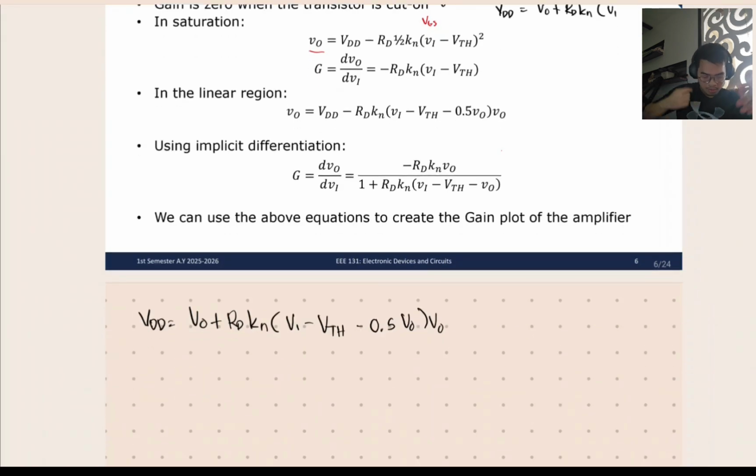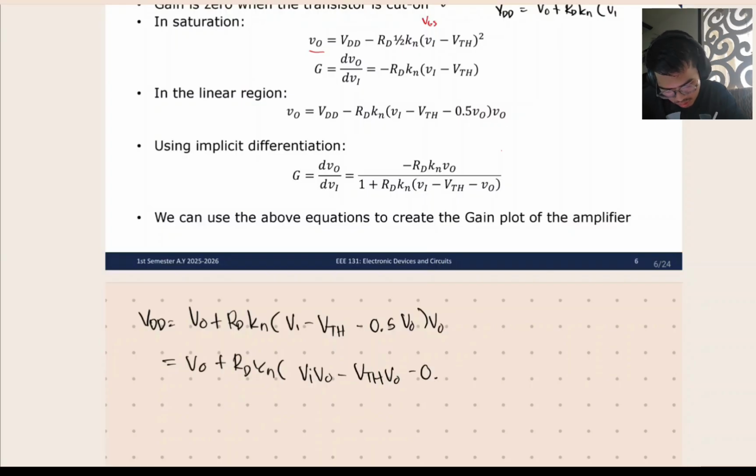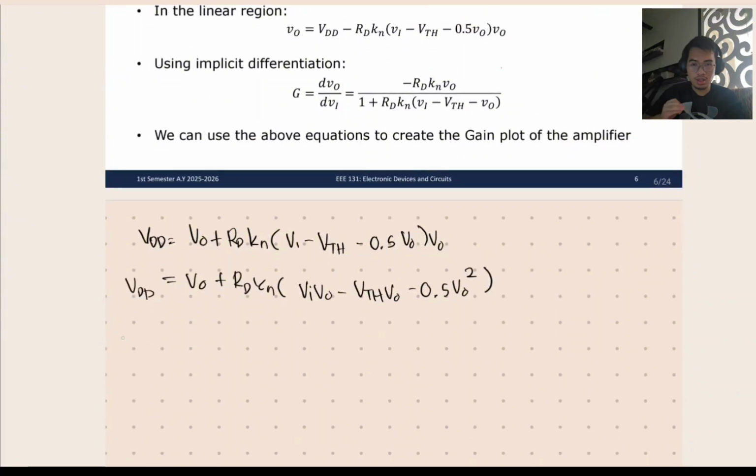In this case, let's just distribute the VO to make it easier. So VO plus RD KN times VI VO minus VTH VO minus 0.5 VO squared. That's equal to VDD.